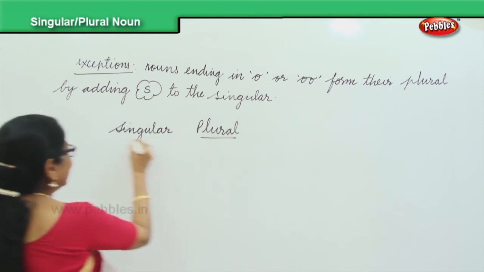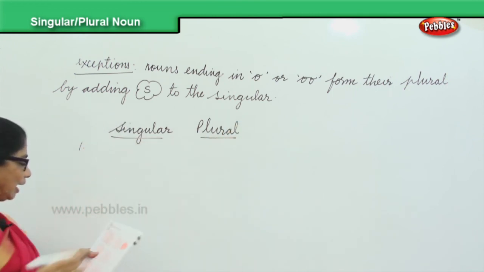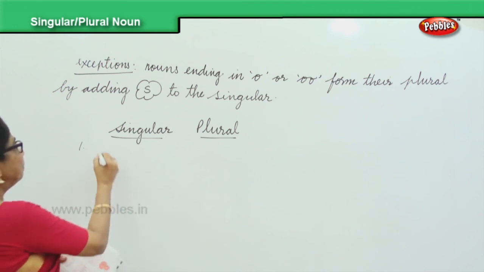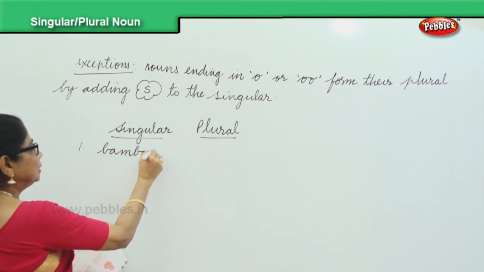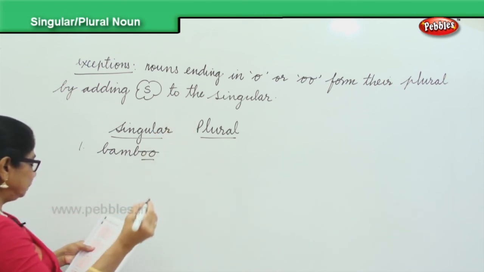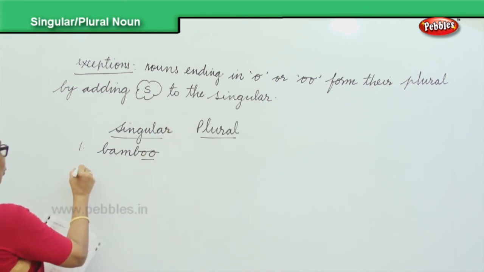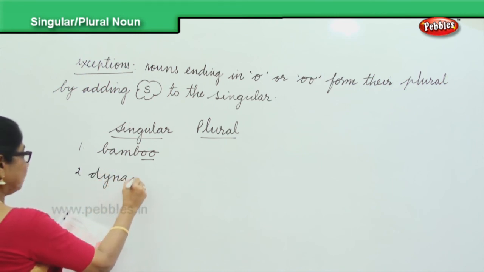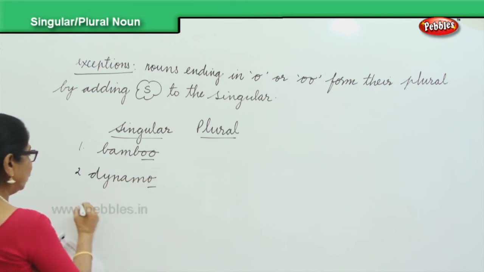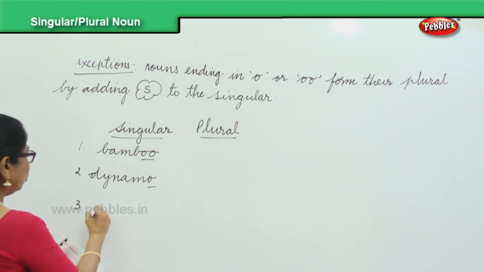Now, let's look at them carefully. The first one I have here is bamboo. Bamboo. There is double O here. Dynamo, single O. Then you have cuckoo.